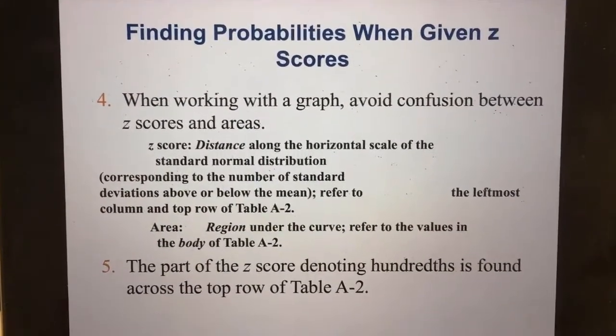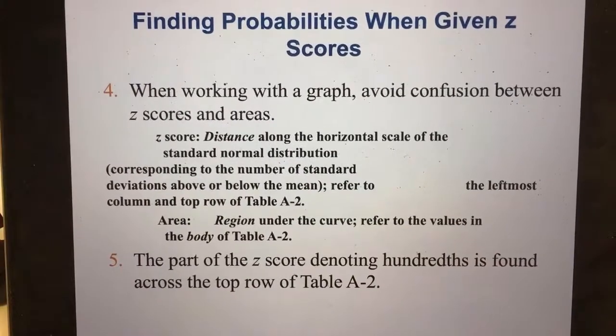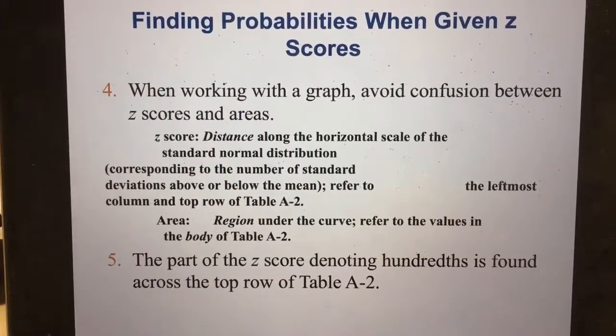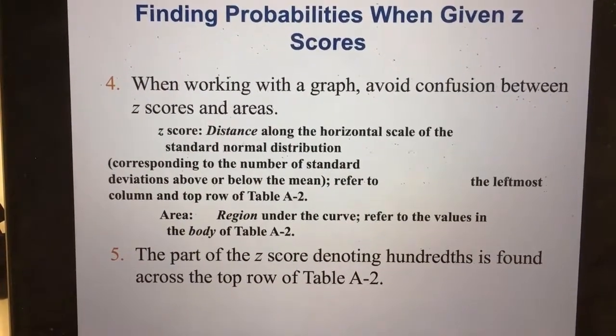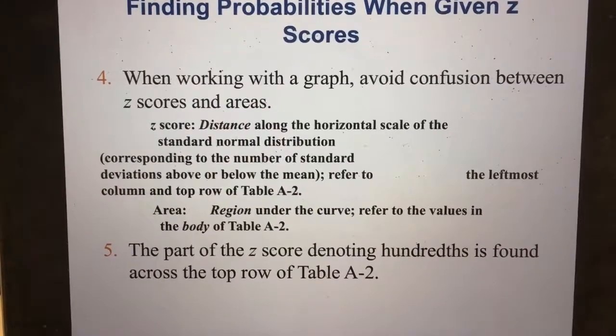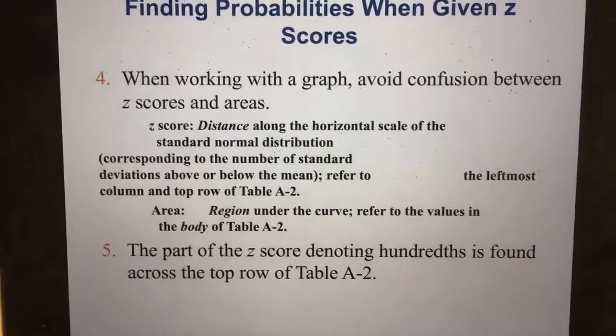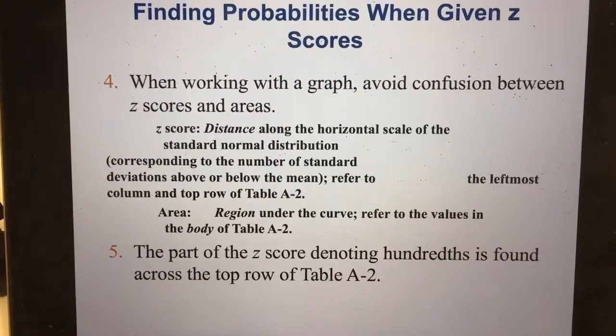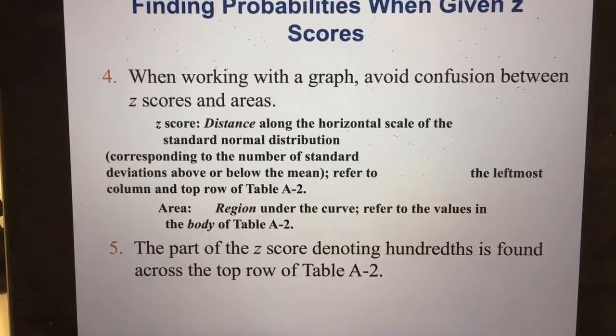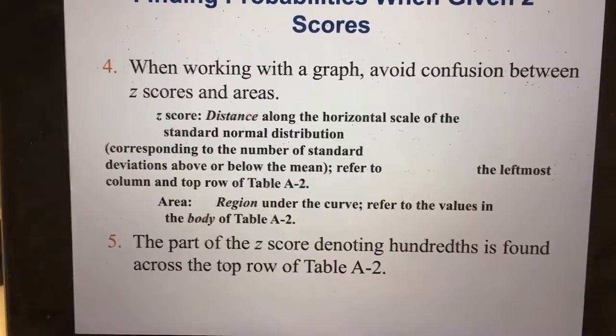When working with a graph, avoid confusion between z-scores and areas. A z-score is the distance along the horizontal scale. It is the number of sigmas, or standard deviations, you are away from the mean.